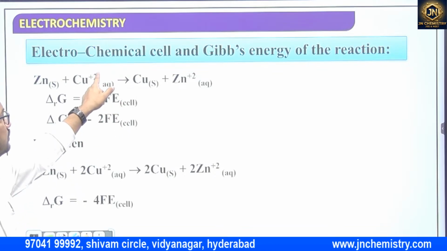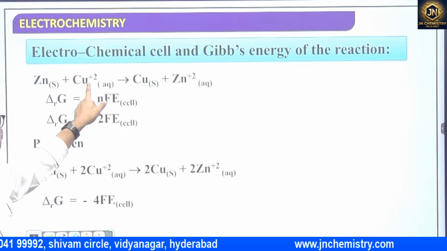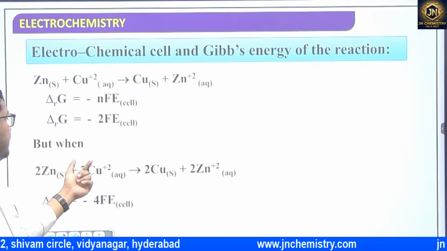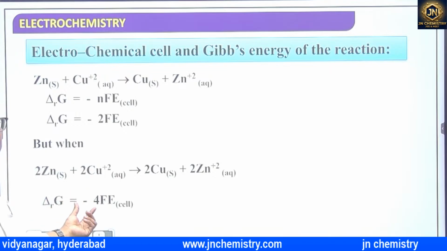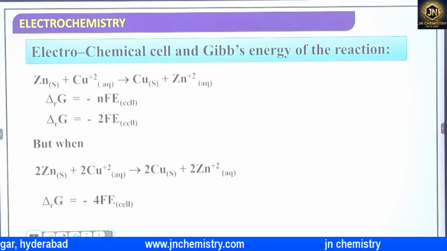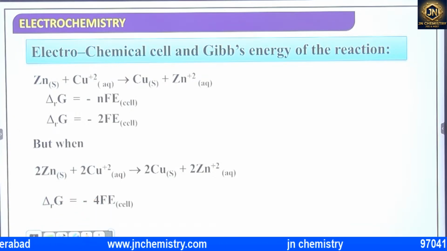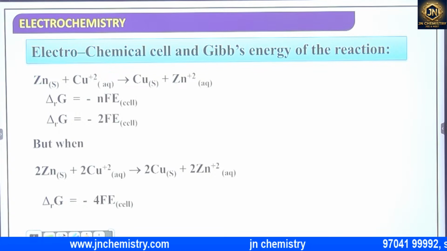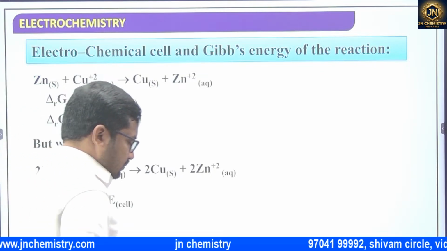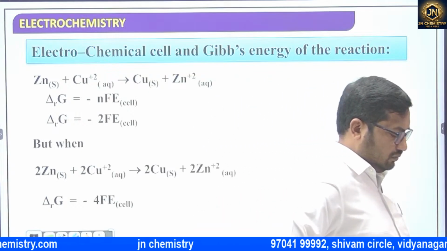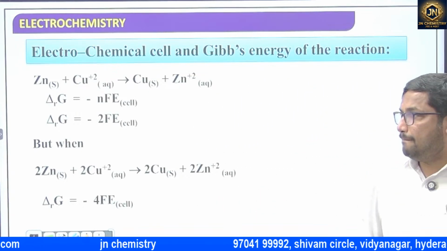Number of electrons transferred. How many electrons are transferred in this case? 2 electrons. For example, if you are doubling it, 2 times, automatically 4 FE. Write it down. Done?